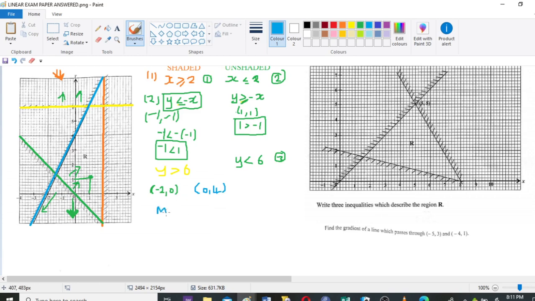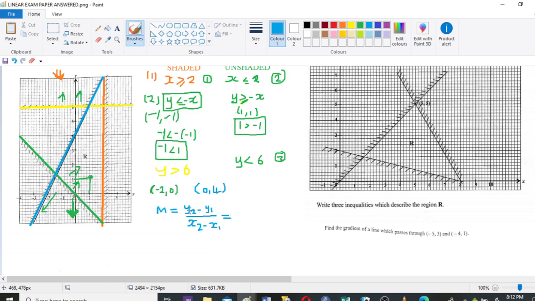So we can start by calculating the gradient, which we know the formula for is y2 minus y1 divided by x2 minus x1.